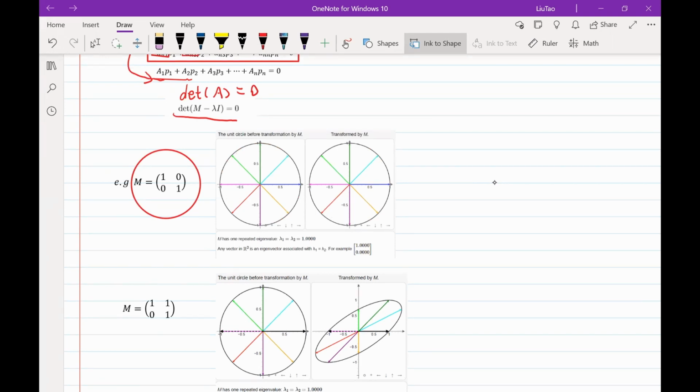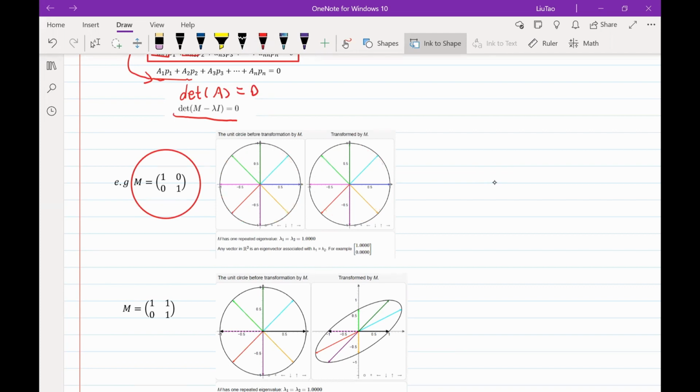So how many eigenvectors do we have in this situation? It's infinite, right? Because every vector in the input space is the same as in the output space.